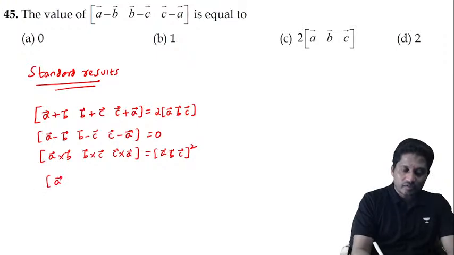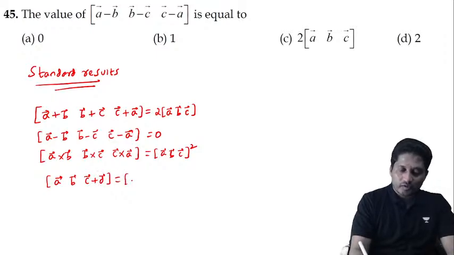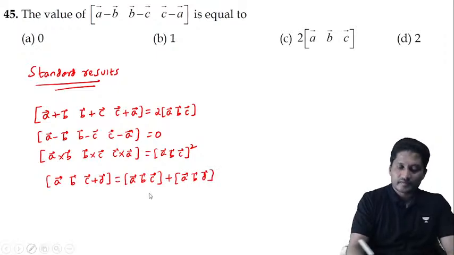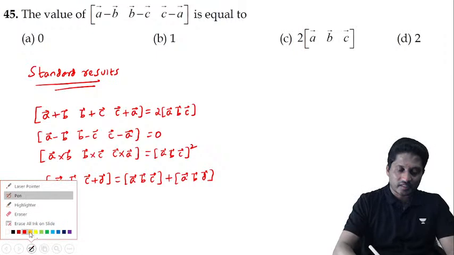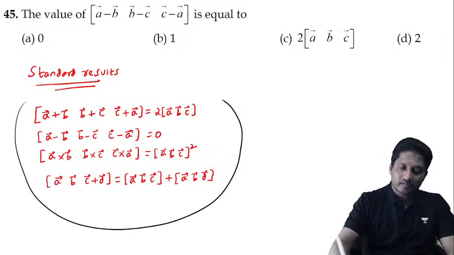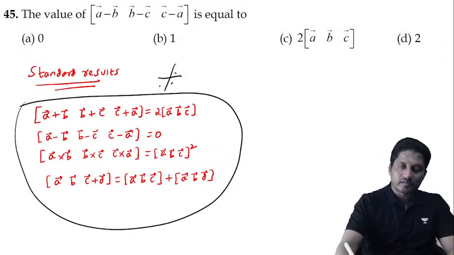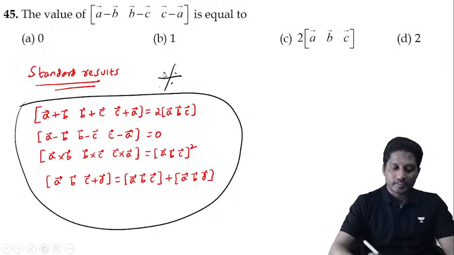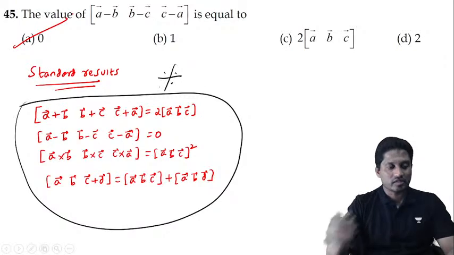Suppose if you have box of A, B and C plus D, it should be written as box of ABC plus box of ABD, right? These are the standard results which you need to remember. So obviously box of A minus B, B minus C, C minus A is 0. It's a scalar, so 0.